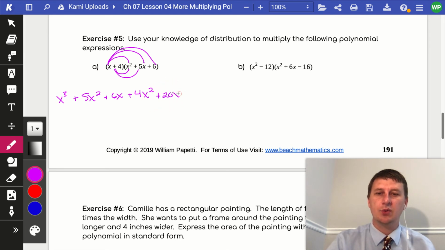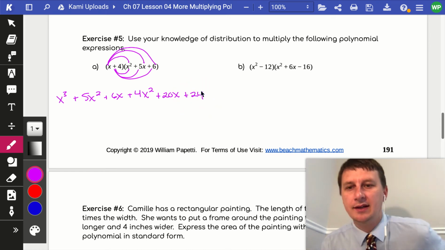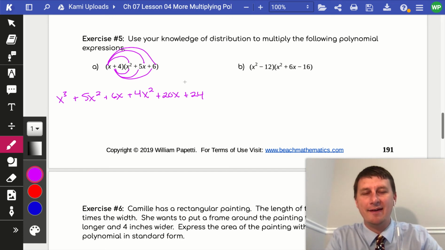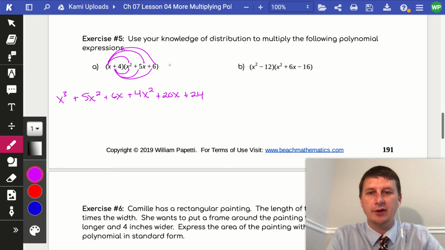And that's going to give us 20x. And finally 4 times 6, and that's going to give us 24. So again, we've now taken our second term of the first set of parentheses and multiplied it by everything in the second set of parentheses. So now we have successfully double distributed a binomial times a trinomial.